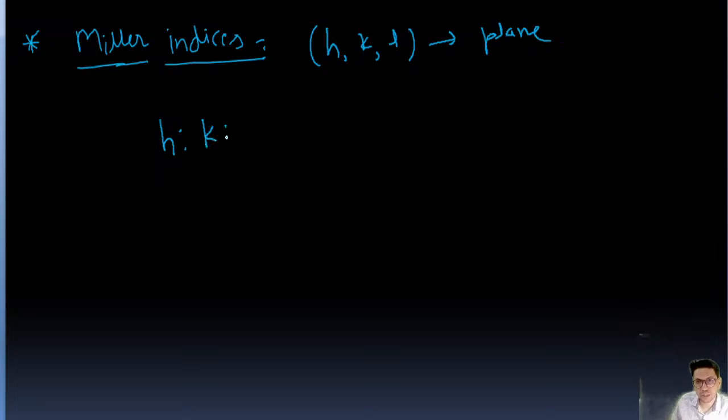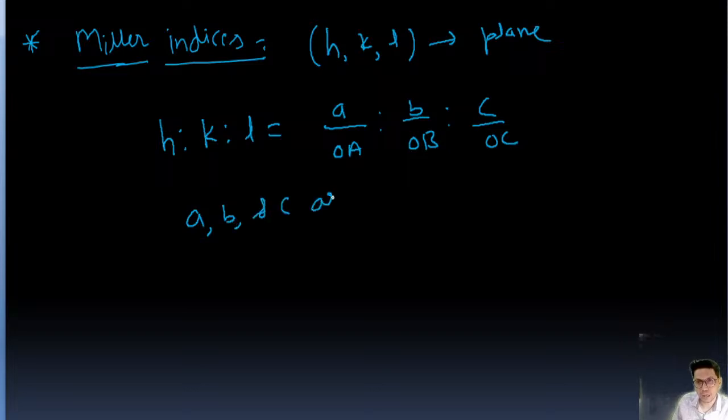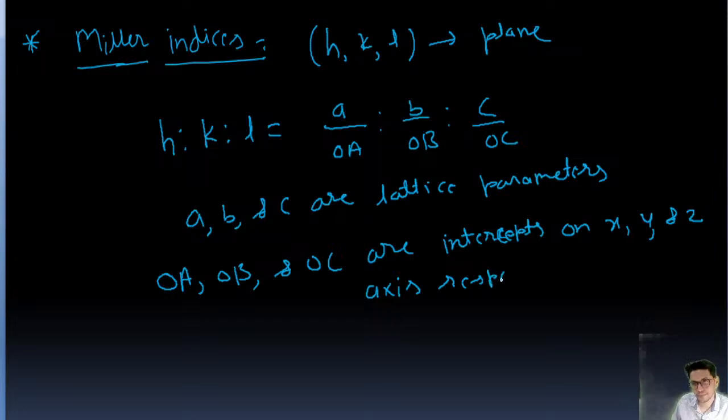H ratio K ratio L is equal to A upon OA ratio B upon OB ratio C upon OC, where A, B and C are lattice parameters, and OA, OB and OC are intercepts on X, Y, Z axis respectively.